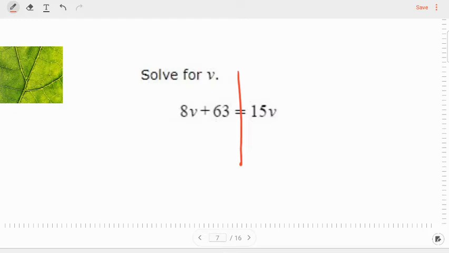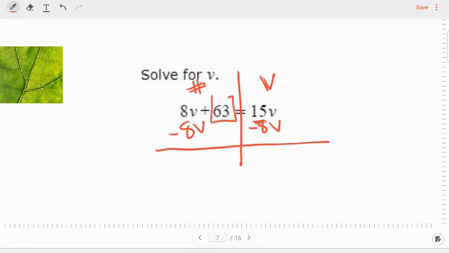So when I look at both sides, I always look for the bigger variable. So 15 is bigger than 8. And I make this my variable side and I make this my number side. So I would get rid of adding 8v by subtracting 8v. That gets rid of my variable on the left-hand side and leaves only the 63.